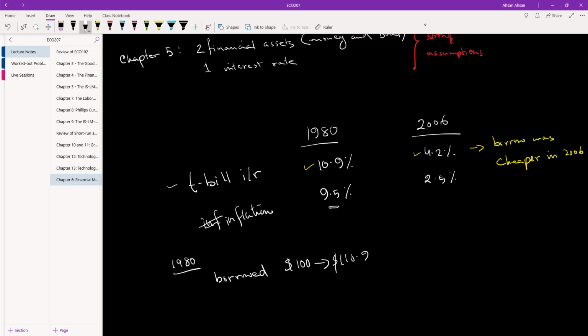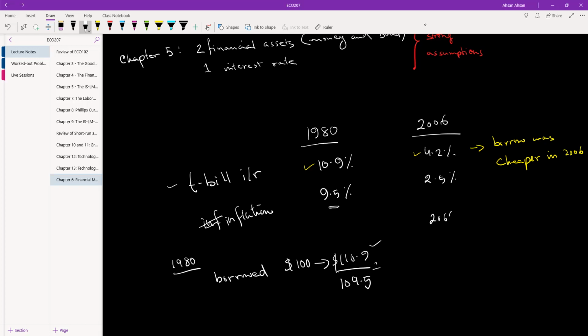So you would calculate the real money that you were paying back, not the nominal amount, which is this, but the real amount. You'd have to divide this by 109.5, and then you get the real payback.